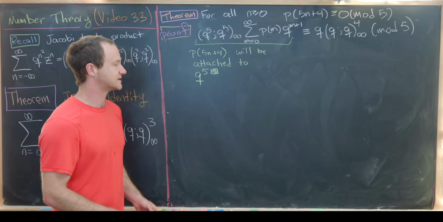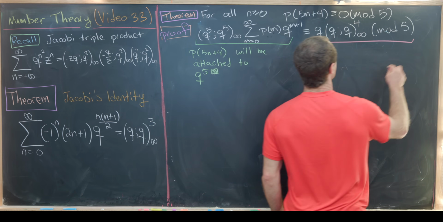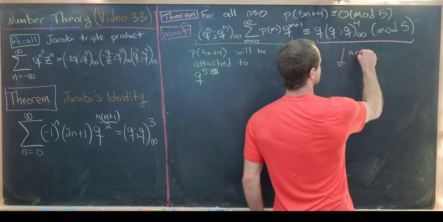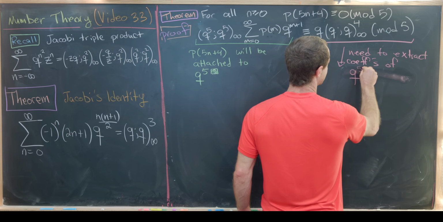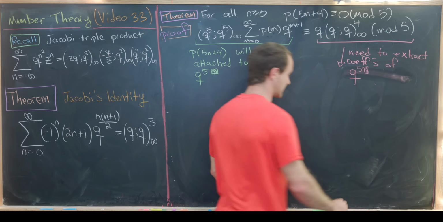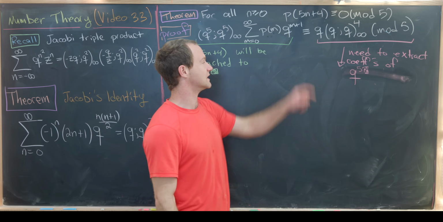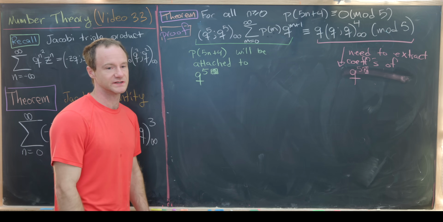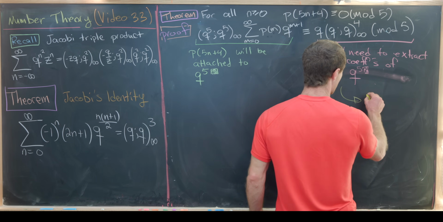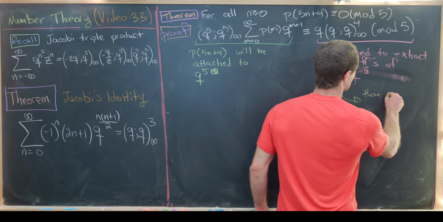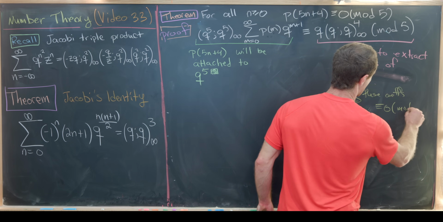And so that gives us some motivation over here that we need to extract coefficients of things that are q^(5 times something). And if those coefficients are congruent to 0 mod 5, then we're done. And that's exactly what we'll want to do. And really, to provide a good summary here, what we want is for these coefficients to be congruent to 0 mod 5.